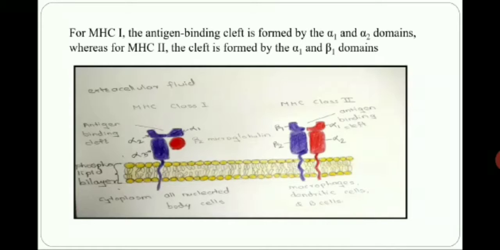Now the antigen binding cleft in the class 1 MHC molecule is mainly composed of the alpha 1 and alpha 2 domains, while the class 2 MHC molecule is composed of two chains of approximately the same length, alpha and beta, and the antigen binding cleft is mainly composed of alpha 1 and beta 1.